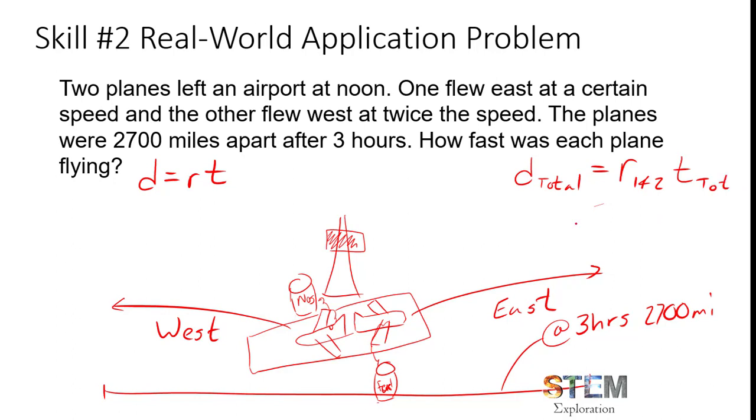All right, and this could set up some situations where we could say, if you travel 2,700 miles and you want to know the rate of plane 1 and plane 2 times the total time of 3 hours. All right, and we should include the units here. That's my bad. We can divide both sides by 3 hours.